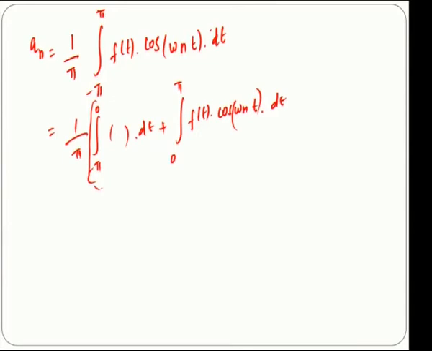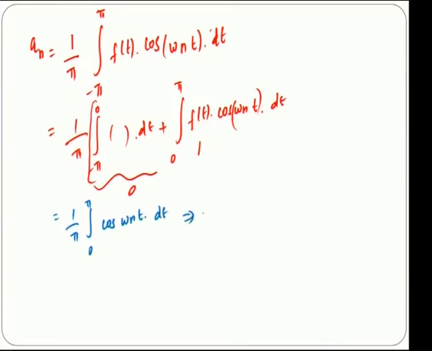Now the first value is 0 because the f of t value is 0, so we only have to substitute the second, where this value is 1. Which is equal to 1 by pi integral 0 to pi cos omega n t into dt.